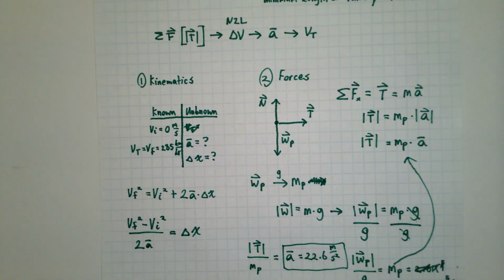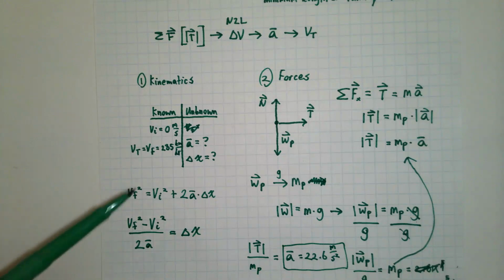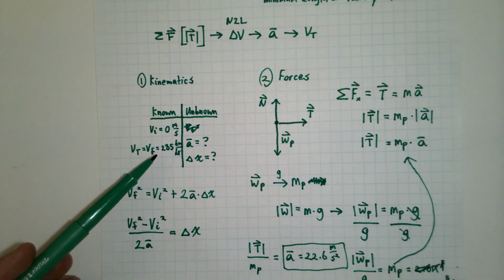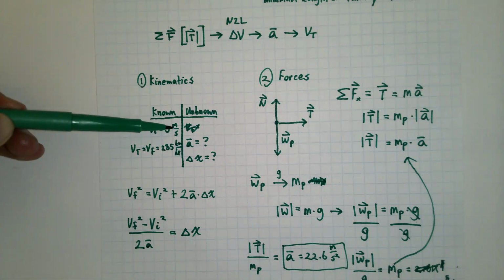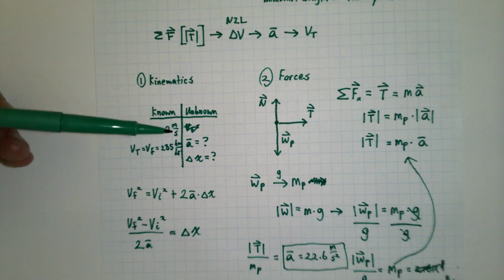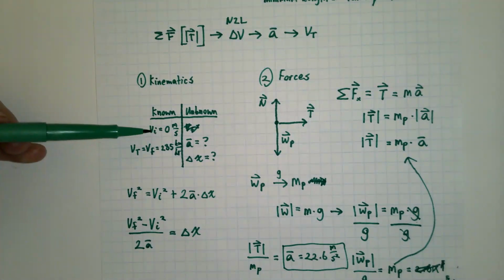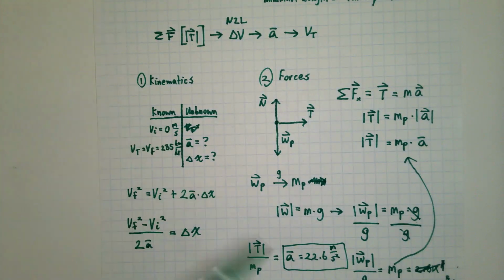Now I have one last problem here, and that is that this final velocity, this takeoff velocity, is in kilometers per hour. I need to convert that into meters per second. I could also, conversely, change this meters per second into kilometers per hour. I could change this acceleration into kilometers per hour squared.